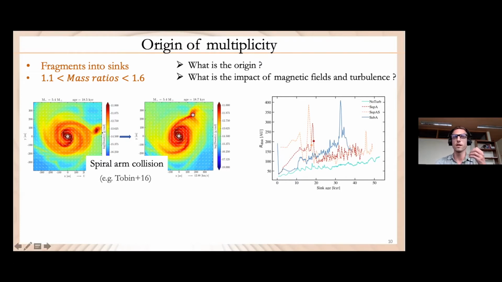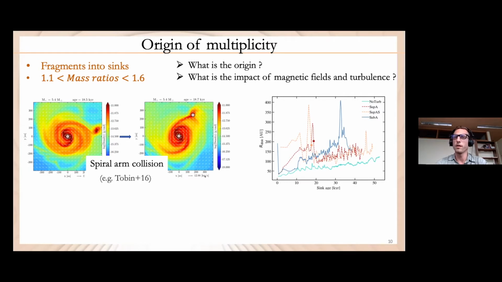Well, we find that actually the origin of multiplicity and fragmentation is spiral collision. This occurs via the collision between two subsequent spiral arms, and this is actually quite interesting because there was a paper by Tobin in 2016 that found a triple protostellar system that was still embedded into spiral arm structures.